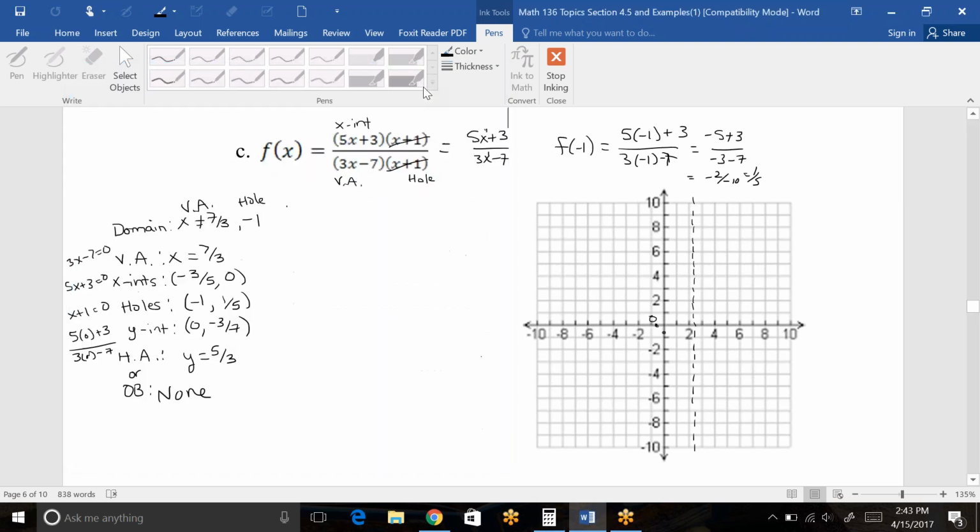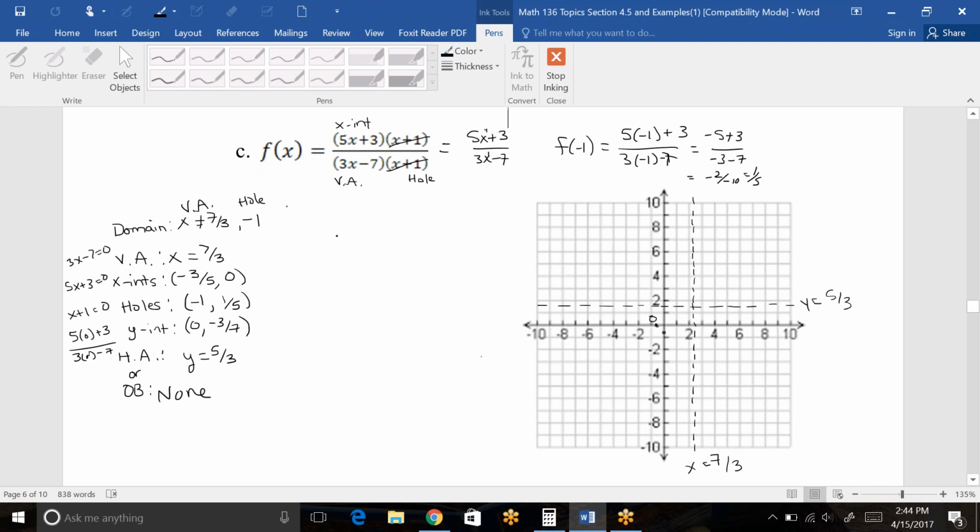Yeah, 1.67. So that is where my horizontal asymptote is. So this is y equals 5/3. This is x equals 7/3. Okay, so that's all of the information we have so far.